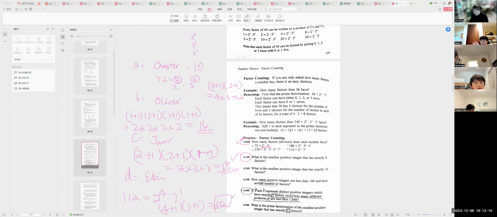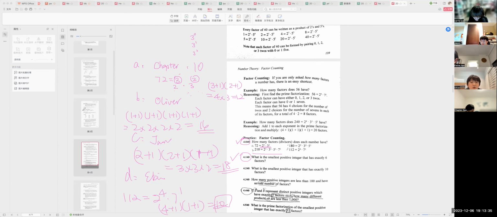Okay, and Oliver, do you understand? How to use it? Do you want me to explain again? How is 12 wrong? Number B, because 2 times 2 times 2 times 2 equals 16. It's actually just 2 to the power of 4. 12?